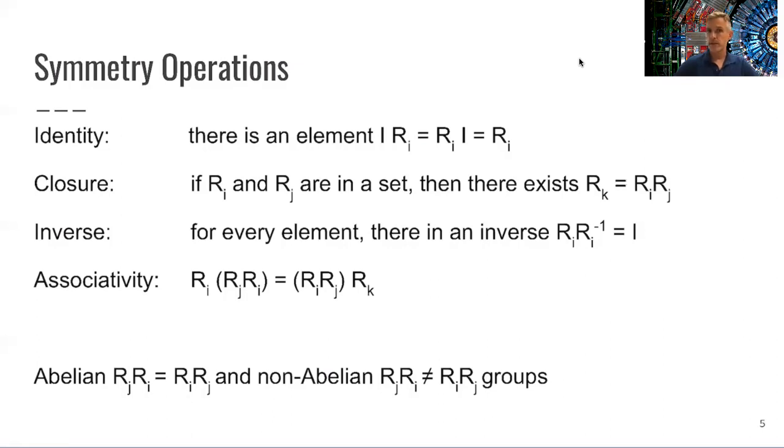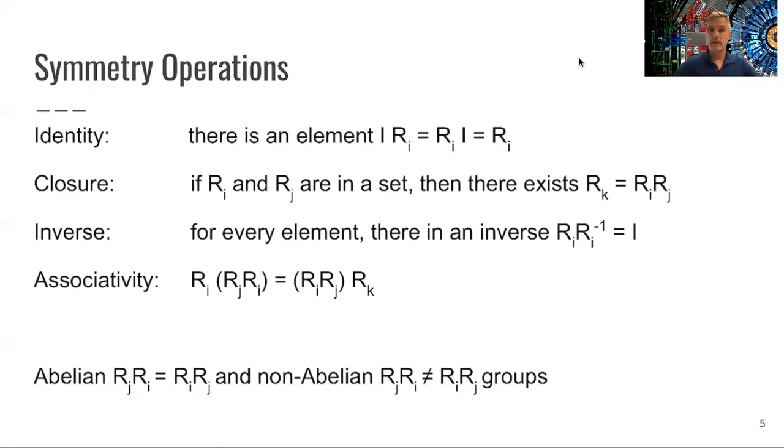The first one is that any symmetry operation has to have an identity, meaning there has to be an operation which doesn't do anything to an element of this group. There has to be closure, meaning that if you apply a first transformation and then a second, the resulting transformation is again part of the set of transformations. There is an inverse, meaning that if you rotate in one direction, you can rotate back.